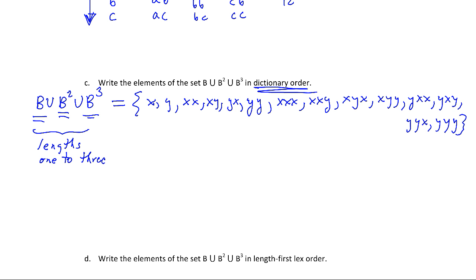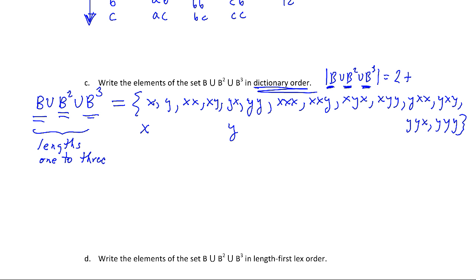I've only got 2 elements to start with, so I'm going to only have an X section and a Y section. And the total number of elements, B union B squared union B cubed, is 2 plus... The union adds them when they're disjoint. These 3 sets are disjoint because they all have strings of different lengths. So no strings of length 3 are also of length 2 or also of length 1.